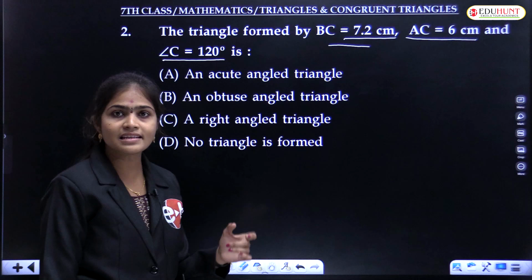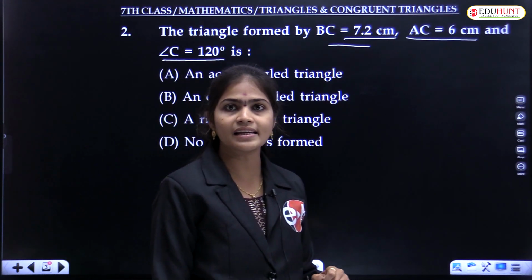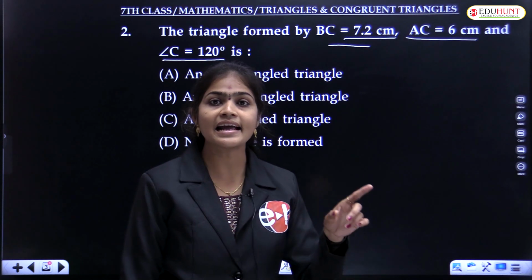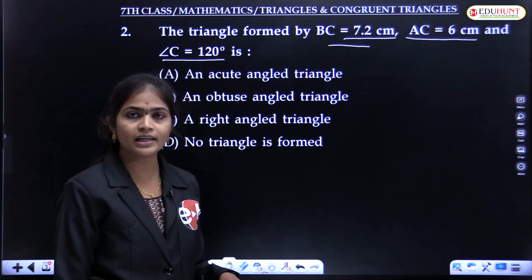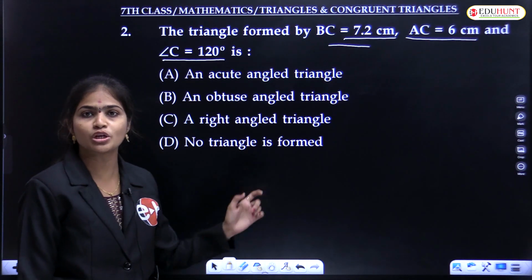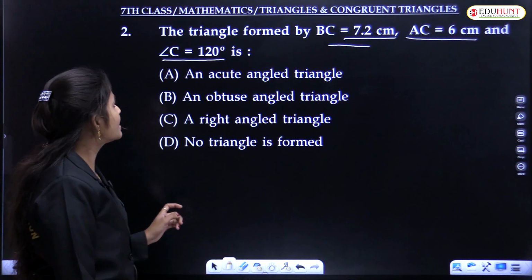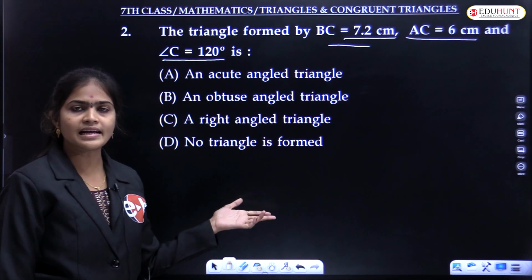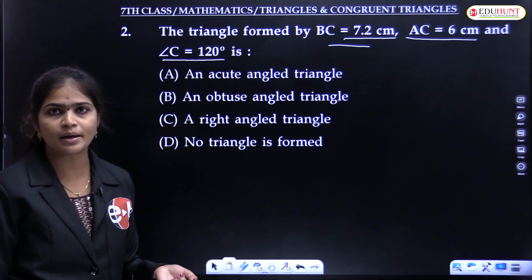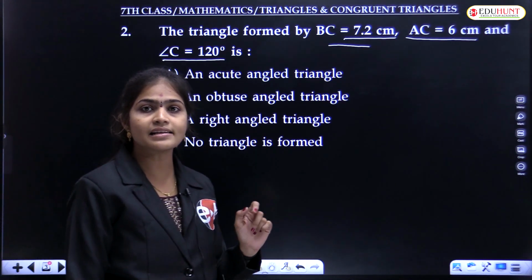While we discussed the classification of triangles, I told you there are types of triangles based on sides and also based on angles. Based on sides, we check using side square plus side square equals hypotenuse square. Based on angles also I told you.